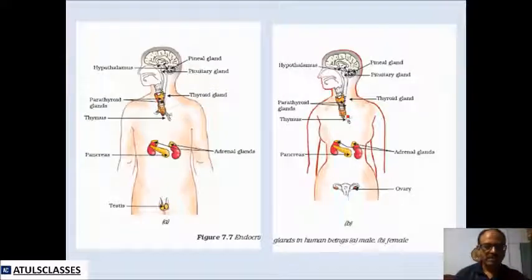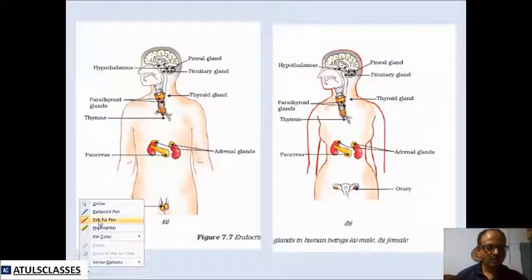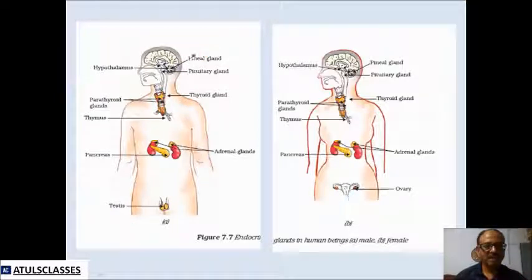We can have this diagram, and this diagram shows how many different types of endocrine glands are present in the human body. Most of the glands are similar in males and females.